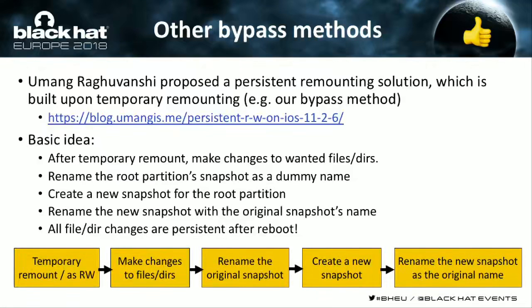Then it renames the root partition snapshot with a dummy name, and creates a new snapshot for the root partition. Then it renames the new snapshot with the original snapshot name. Finally, all file and directory changes will be persistent after reboot.